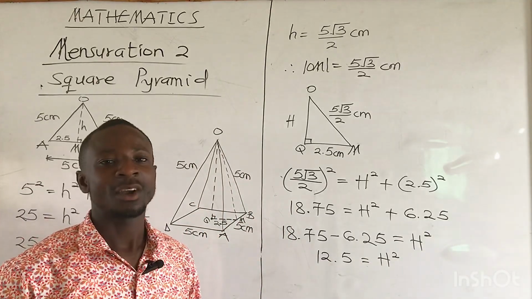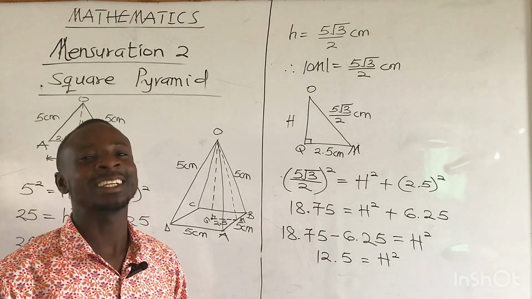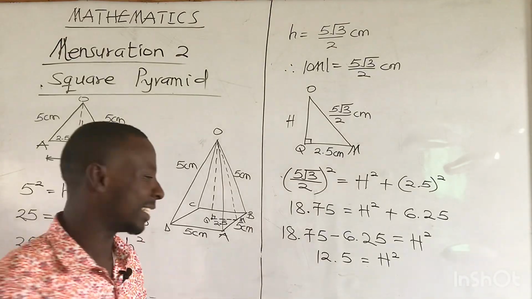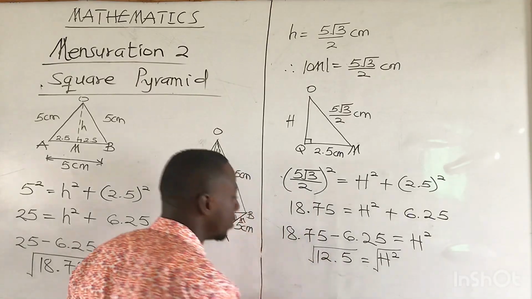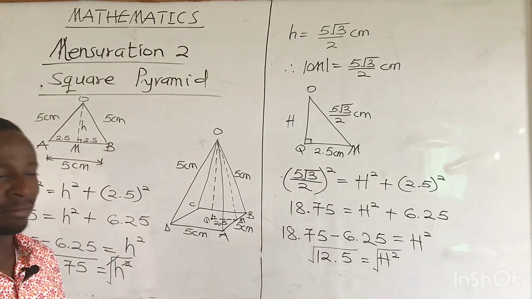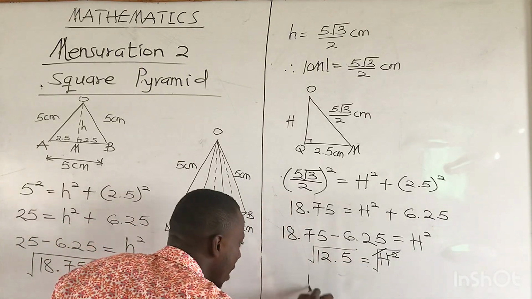So when you get here, what do you think we are going to do? We are going to take the square root on both sides. So we have root of h squared and then root of 12.5. This will cancel this, we have h.